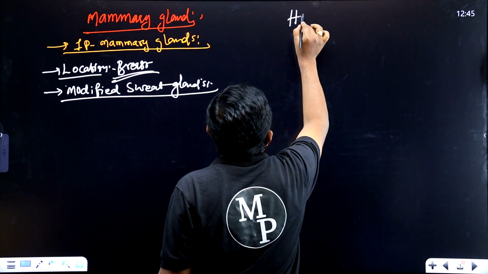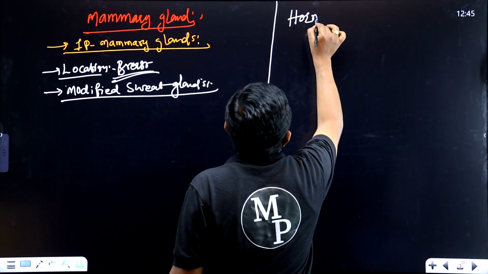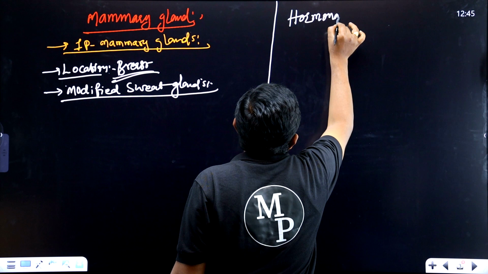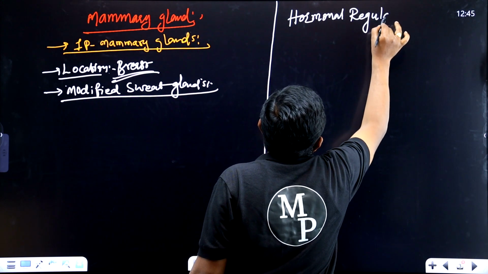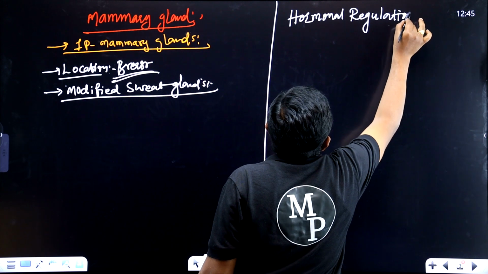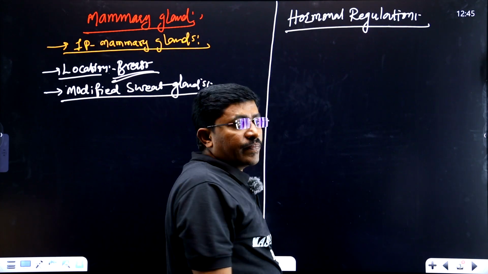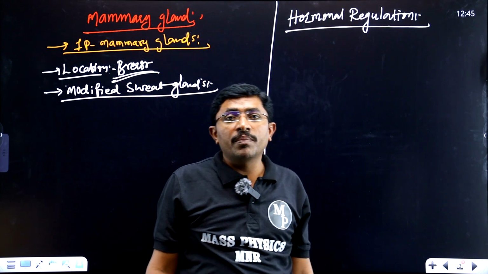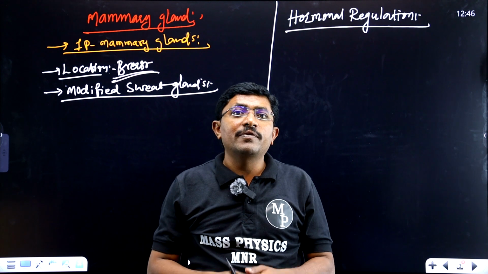Generally, mammary gland development in a human female starts from the puberty age.